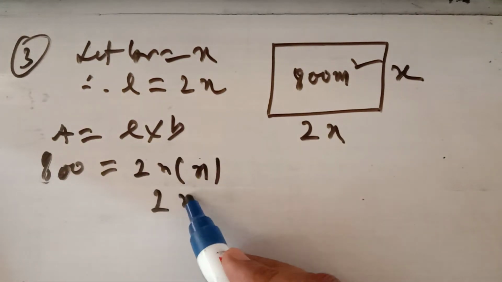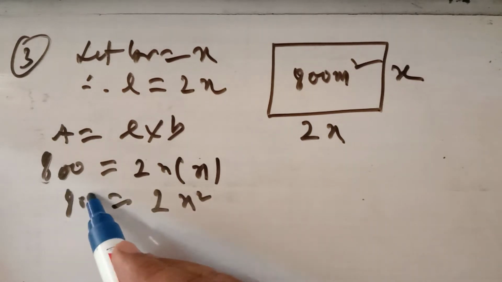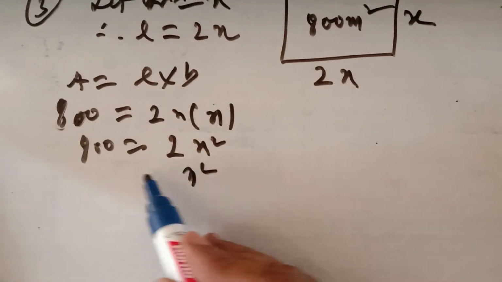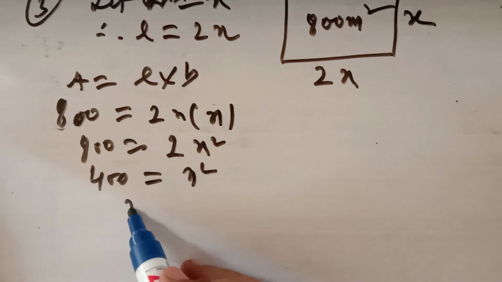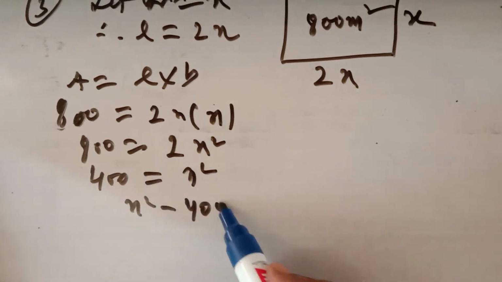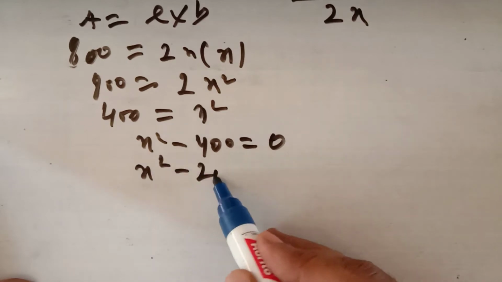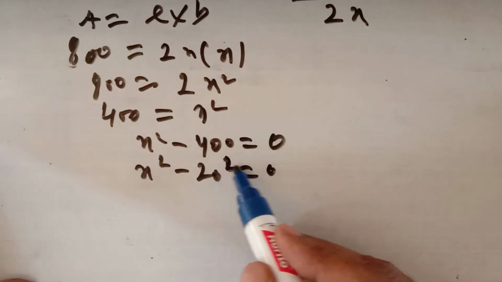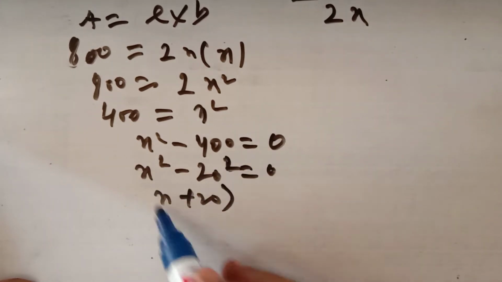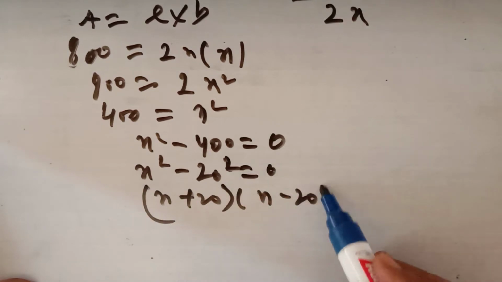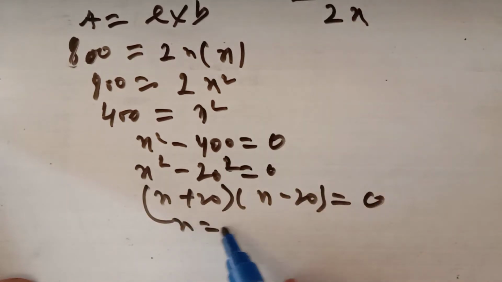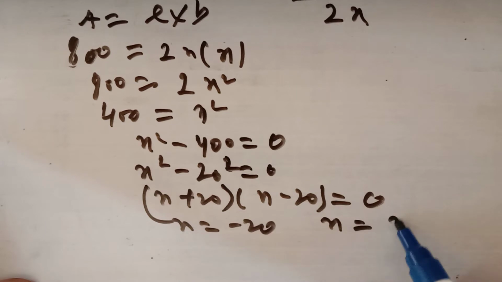So you are getting a quadratic equation, and you can divide the whole equation by 2. You get a quadratic equation which can be solved by factorizing, which is x plus 20, x minus 20 equal to 0, so x is equal to minus 20 or x is equal to 20.